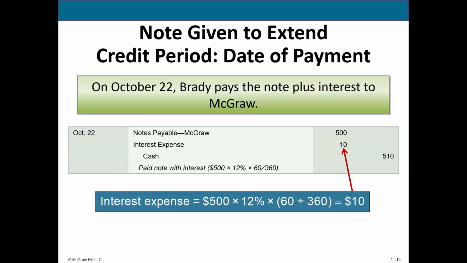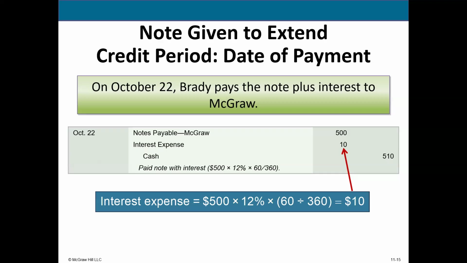Time can be expressed in days or months. In this case, you'll notice that it's in days and it's over 360 days, not 365 days. The reason for that is because there are only 360 banking days in a year. So that's how we express it.